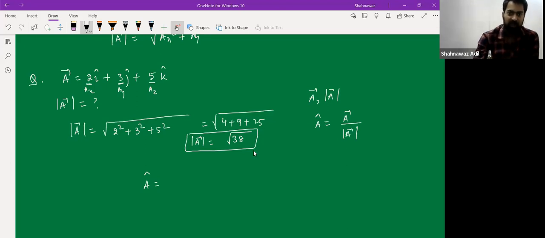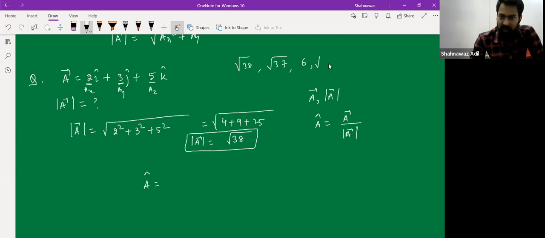This depends upon the answer which is provided. Let's say they give the options like root 38, root 37, 6, and then let's say root 48. If this kind of question is given, then just leave it at that.